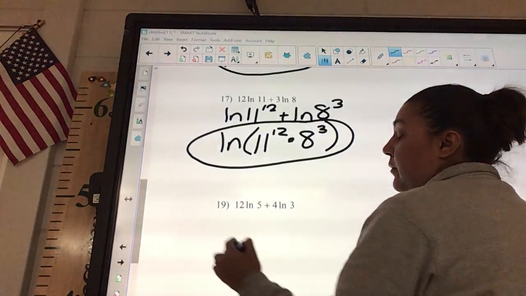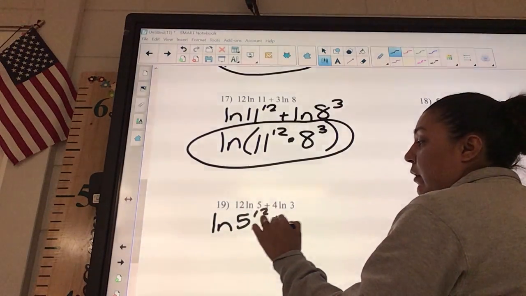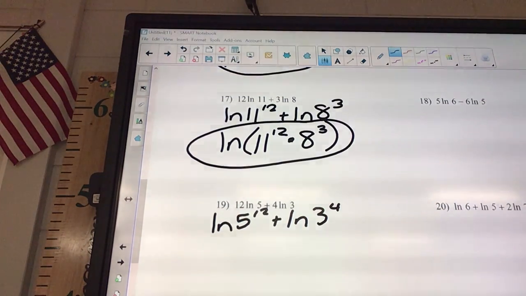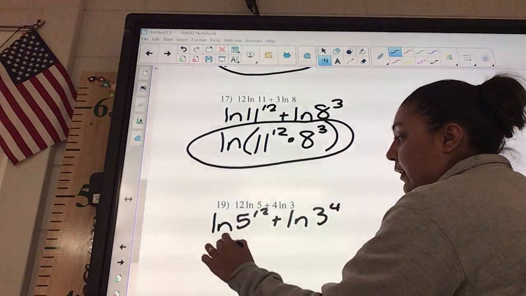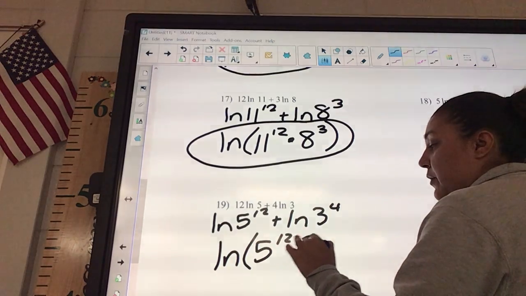Okay, 19, we're going to have natural log of 5 to the 12th plus natural log of 3 to the 4th. So you're going to get natural log of 5 to the 12th times 3 to the 4th.